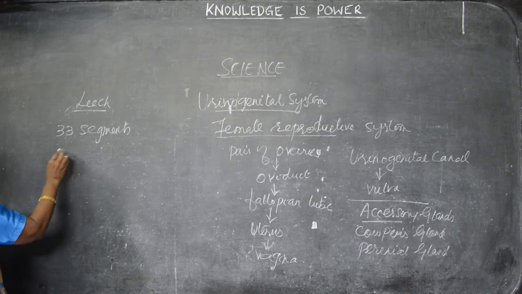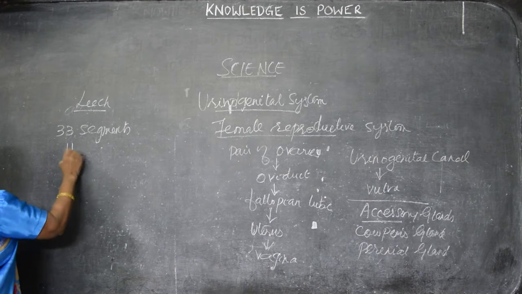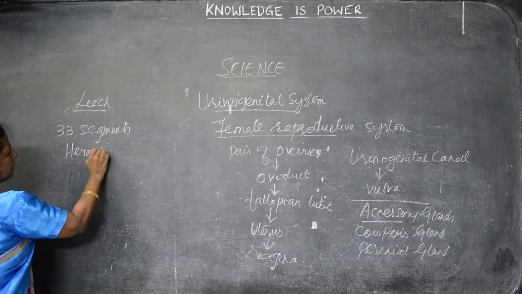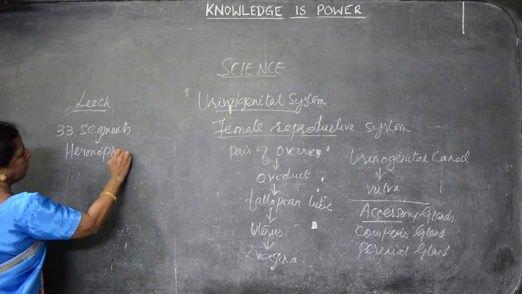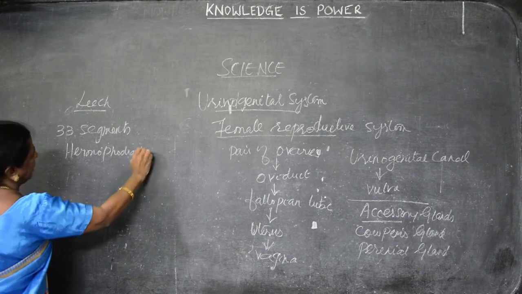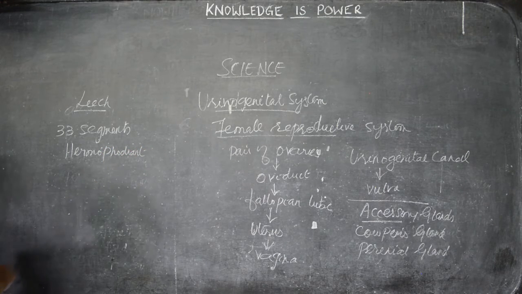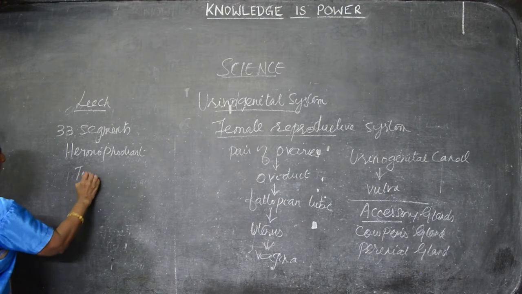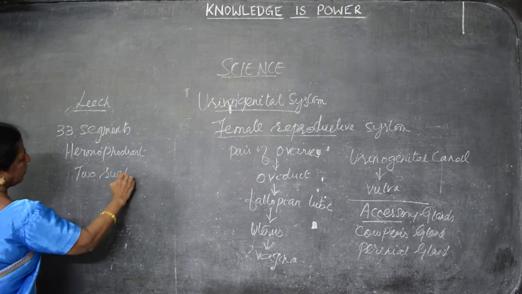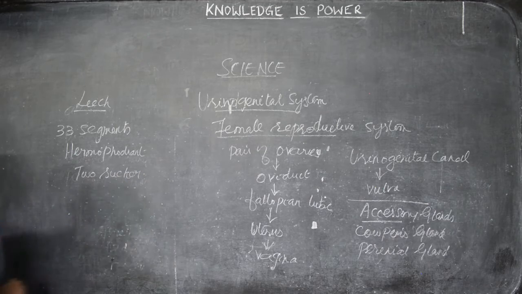It is hermaphrodite; male and female can be seen in the same animal. It has two suckers. The food of the leech is blood.